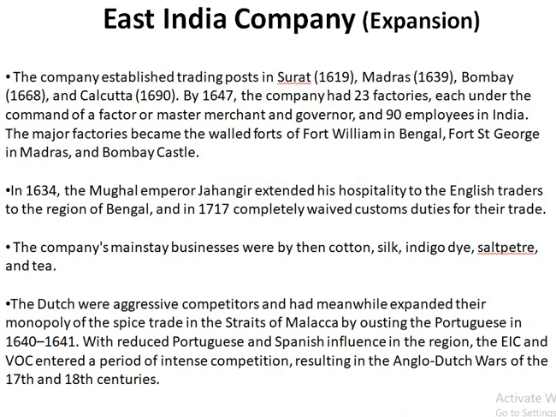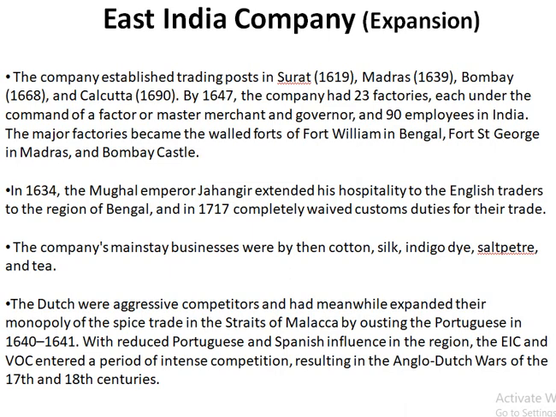So finally, the East India Company comes to expand itself. For expansion, the company established trading posts in Surat in 1619, in Madras in 1639, in Bombay in 1668, and in Calcutta in 1690.